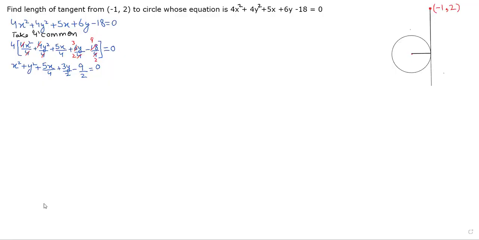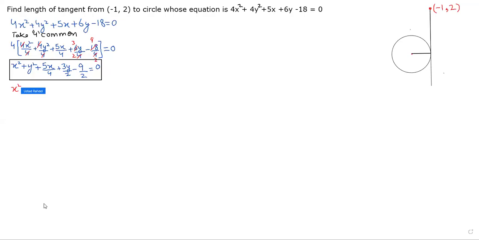Now I will compare this equation, which I have got as my question equation, with the general equation of the circle, which we already know. What is that?